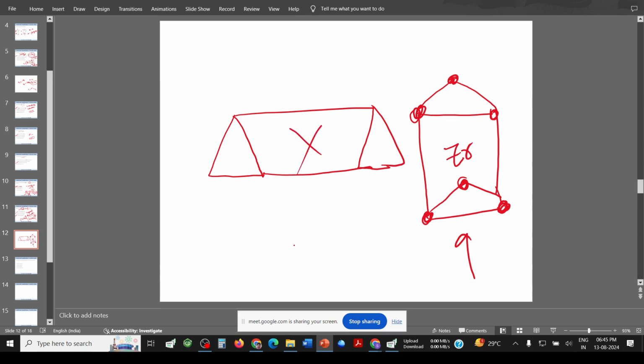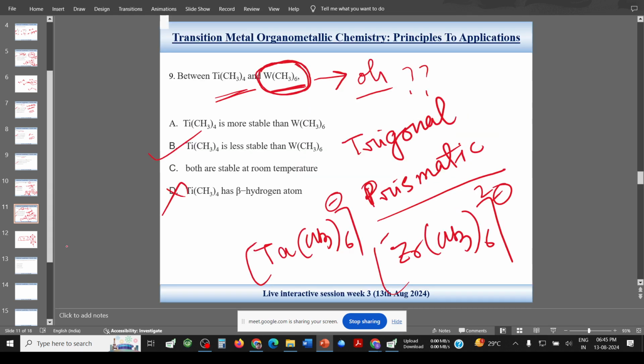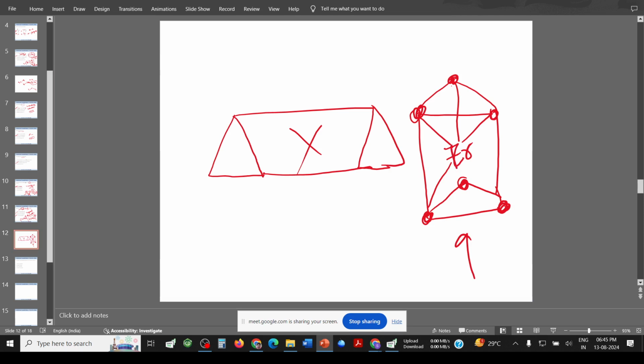This is the hexamethyl tungsten, sorry, not titanium. This is hexamethyl tungsten. This is a trigonal prismatic structure.